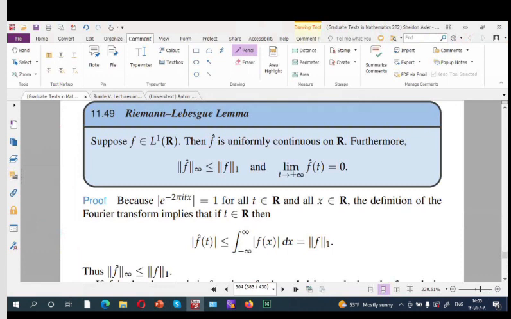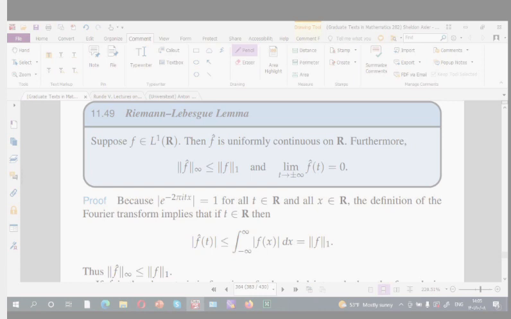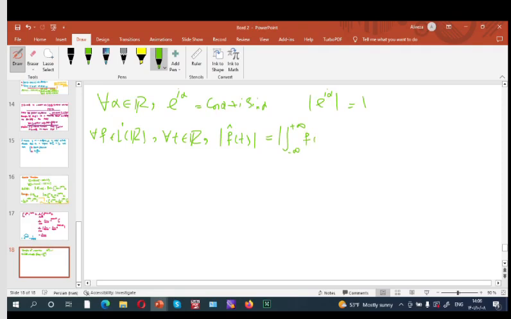And by the definition of the Fourier transform, the integral of f of x, e to this power, dx, we know that this is less than or equal to the integral of this absolute value. But this equals 1.